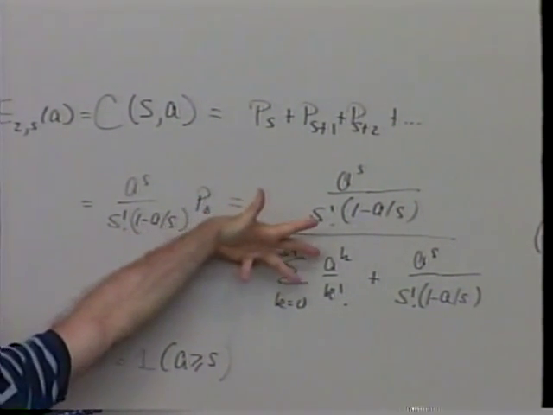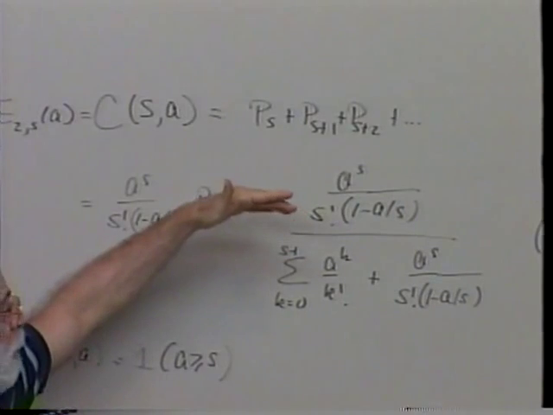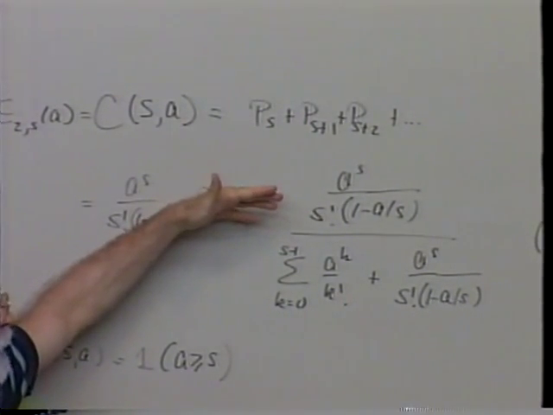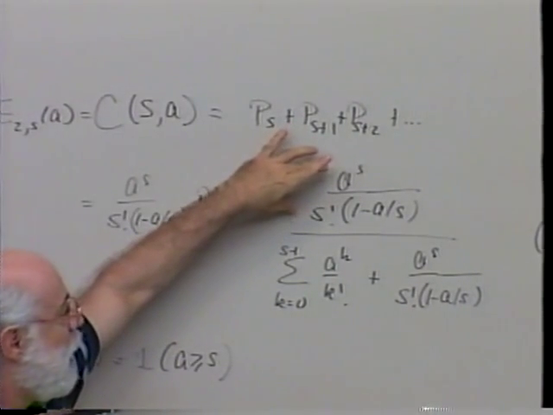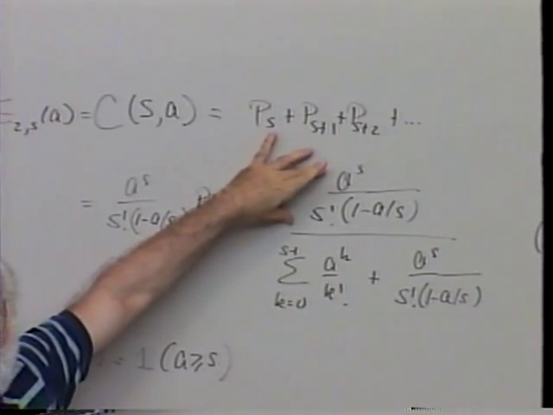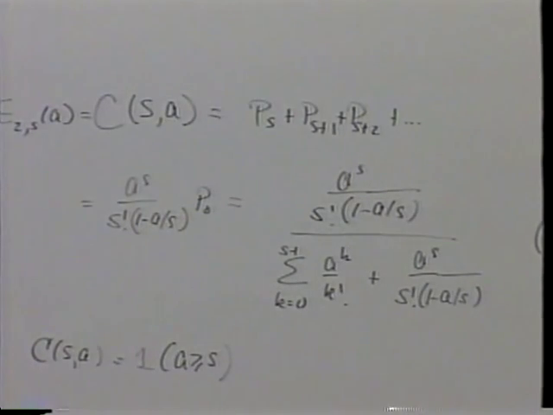Although, of course, you could write a computer program to do this. And if you did it directly, you'd run into trouble when the values of a and s get too large. But just like there was a recursive formula for the Erlang B, now I can relate the Erlang B to the Erlang C. So this is left as an exercise, exercise 16 on page 92.